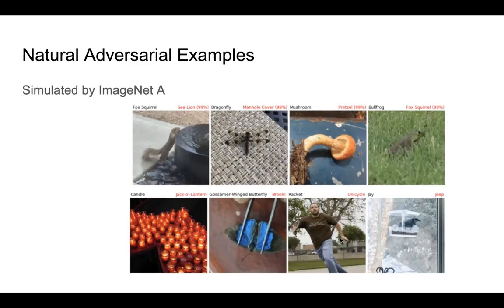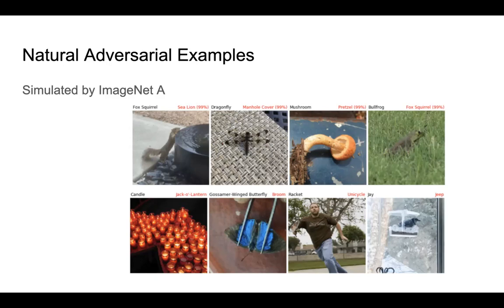And we can see here, it looks like this man is riding a unicycle, and the model somehow predicts the posture of the man and predicts that it's a unicycle. But we as humans can see that there's a racket in the man's hand. So there's more confidence in saying that he's riding a unicycle than that there's a racket in the hand, in the eyes of a computer vision model.